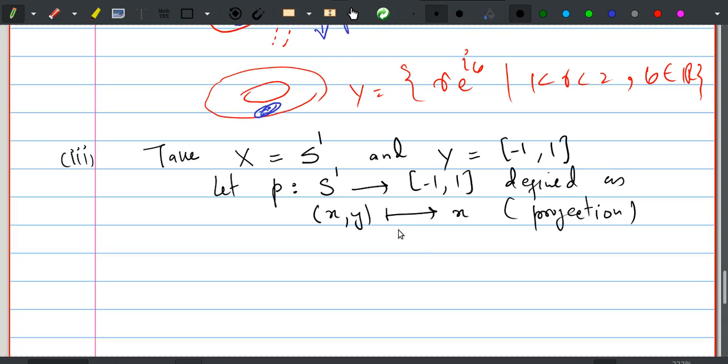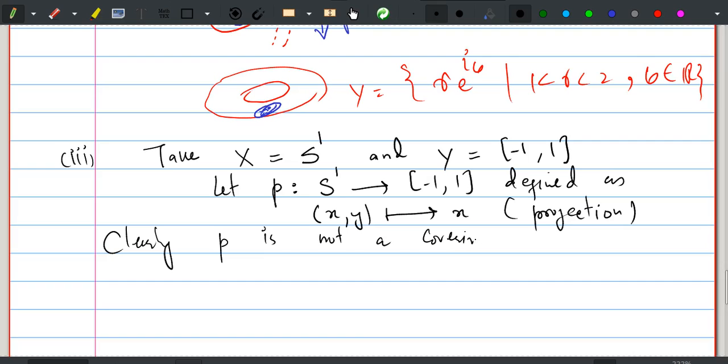Clearly P is not a covering, because we know for each point in this set one must have an open neighborhood that is uniformly covered.